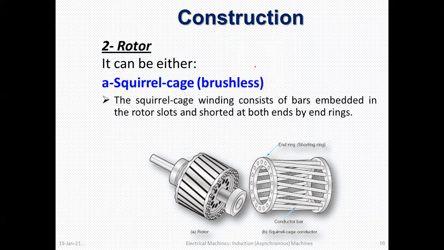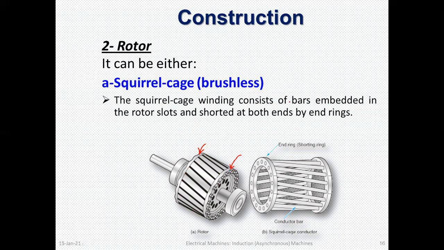The squirrel cage winding consists of bars embedded in the rotor slots and shorted at both ends by an end ring. End rings are given here to make the winding shorted.